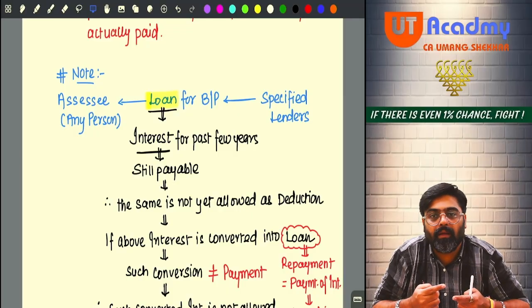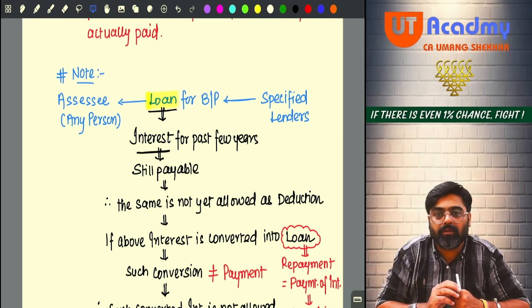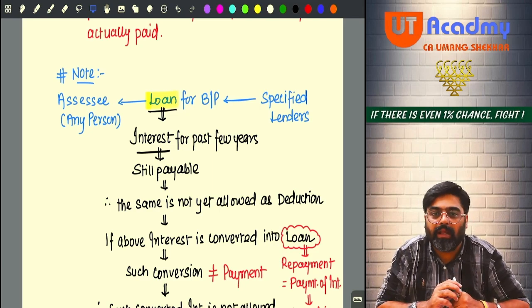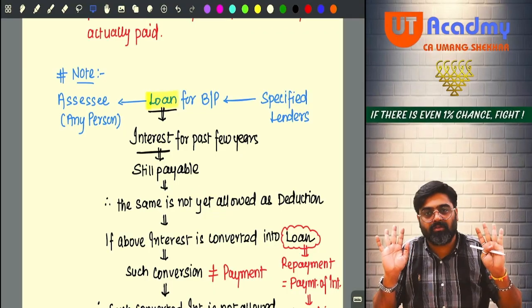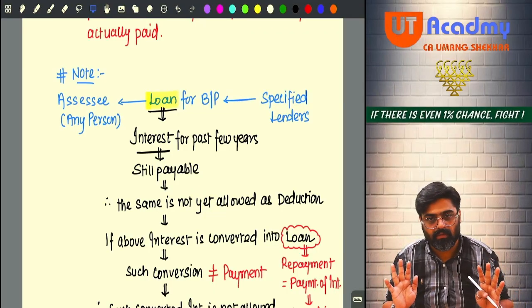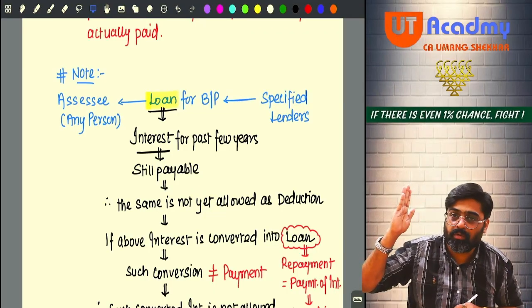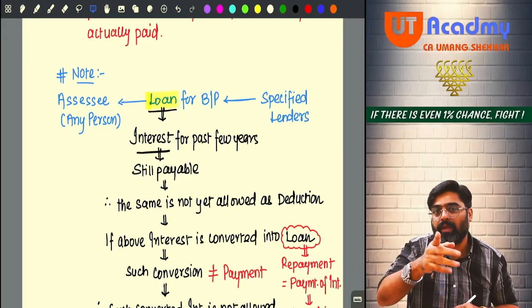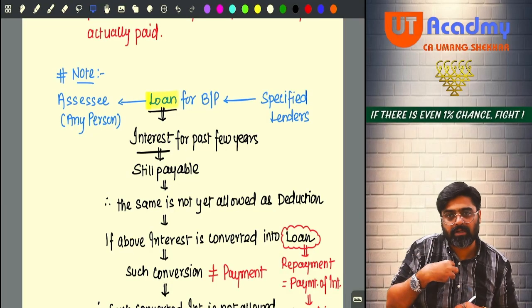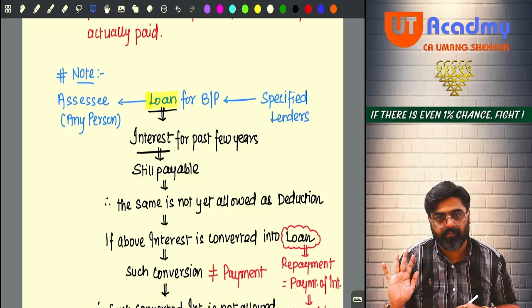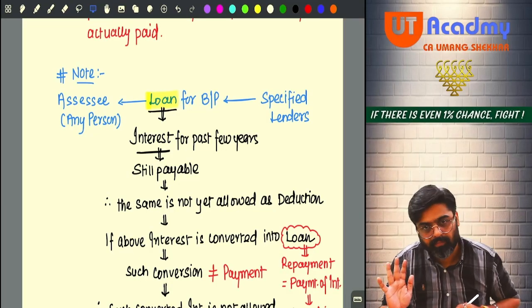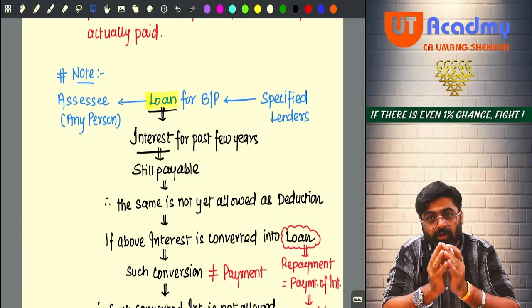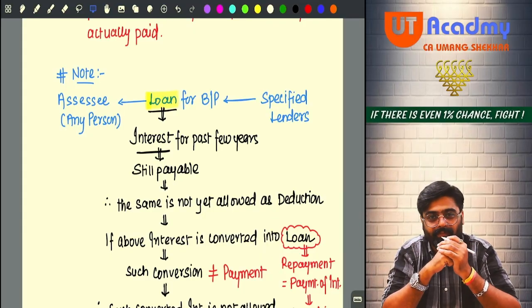What is happening? I go to these lenders, telling them, see, my financial situation is very bad. The loan which I took from you, I am not able to repay, and you can see that the last 3 years' interest also I have not paid you. So I request you to reschedule my loan.